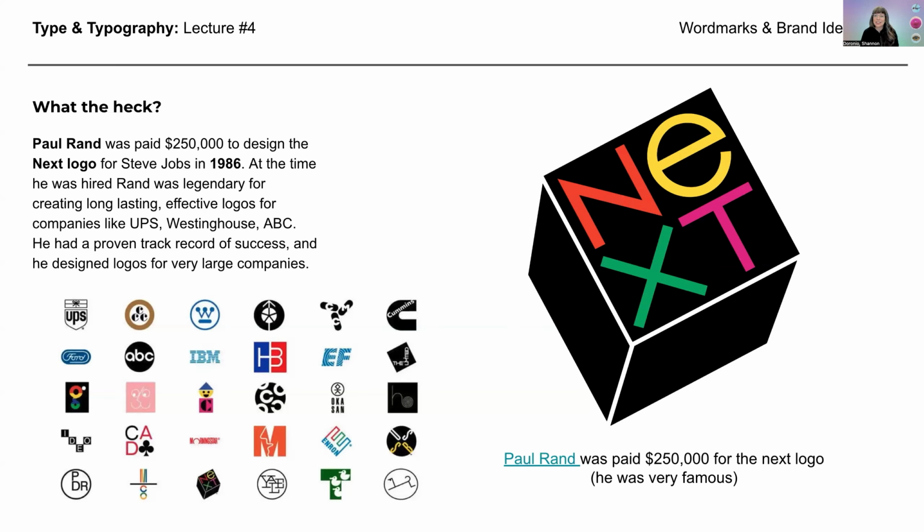So Paul Rand's terms for Steve Jobs were, I will take your $250,000. You will take whatever it is that I designed for you. And if you use it, great. If you don't, I don't care. That's the deal. No revisions. I make it, you take it, use it or not. Either way, I get paid $250,000.